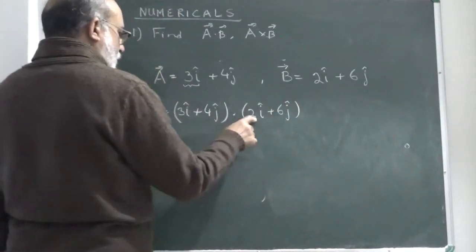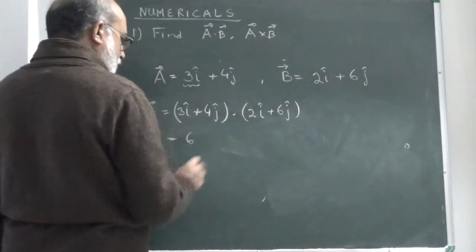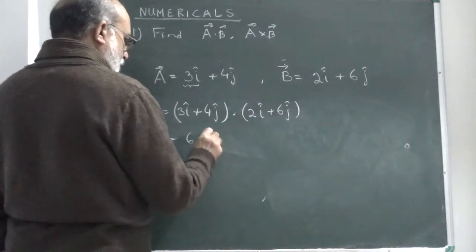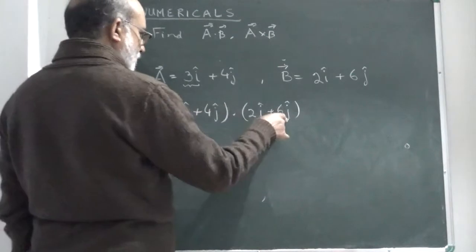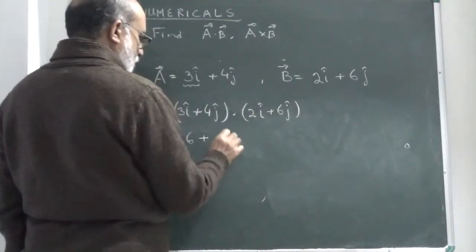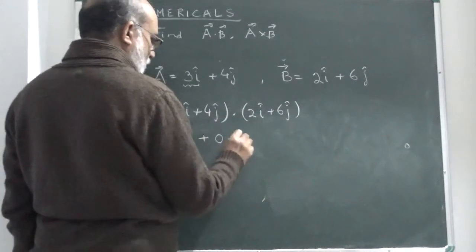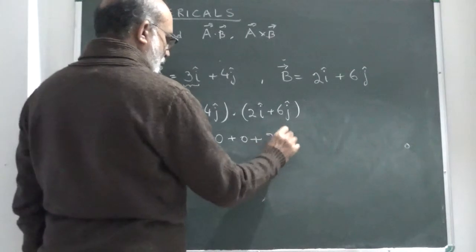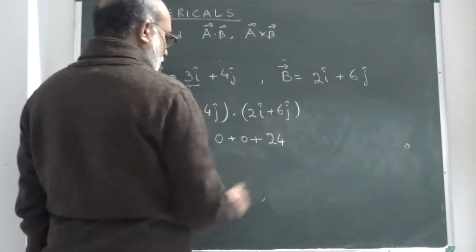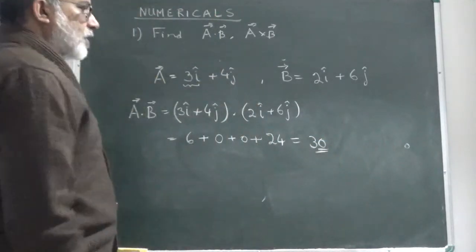So it will be 3 twos are 6 i dot i, and we know that i dot i is 1, so that will be 6, plus 3 sixes are 18 i dot j, and i dot j is 0, so that will be 0. 4 twos are 8 j dot i, and j dot i is 0. And 4 sixes are 24 j dot j, and j dot j is 1, so it is 24. The product A dot B is 30.